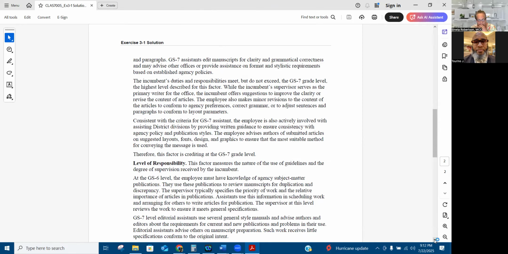Okay, so I got you. It only mentions six to set a basis, to show the difference. You have to at least compare it to one other grade level. If you go through it and you say it meets the grade 3, then you want to say why it didn't meet the grade 4.